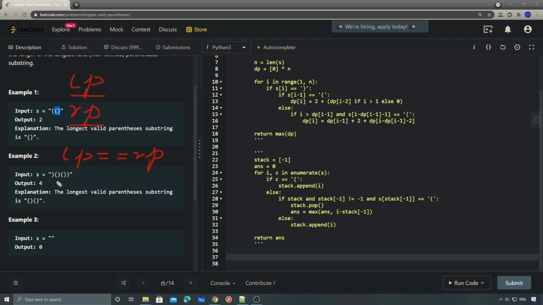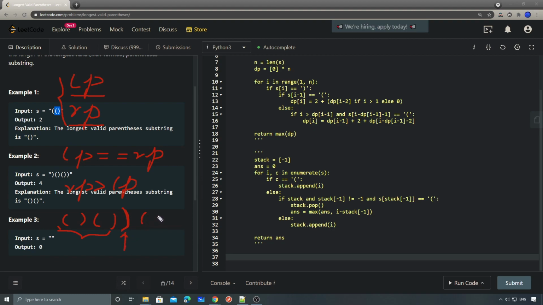But the question is, when should we reset the left and right counters? If we traverse from left to right, we reset when the right parenthesis count is greater than the left. So if we have this one, and now we have another right parenthesis, we have a valid pair of length 4. But if we see another right parenthesis, now the right is greater than the left, which means the valid parenthesis stops here.